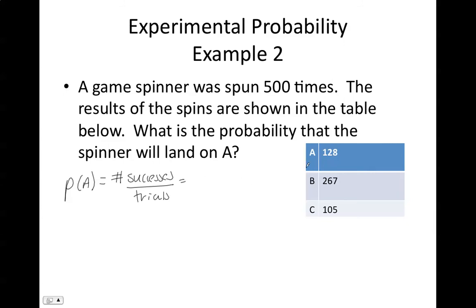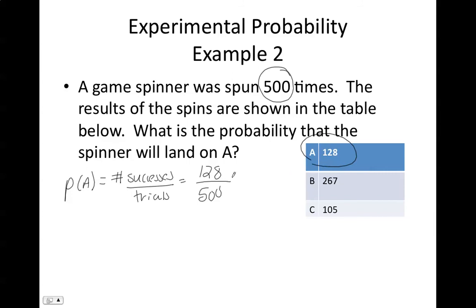So in this case, it landed on A 128 times. And the total number of trials, which I know from my word problem up here, was 500. I could also have added these numbers and would have gotten that as well. So I have 128 over 500.